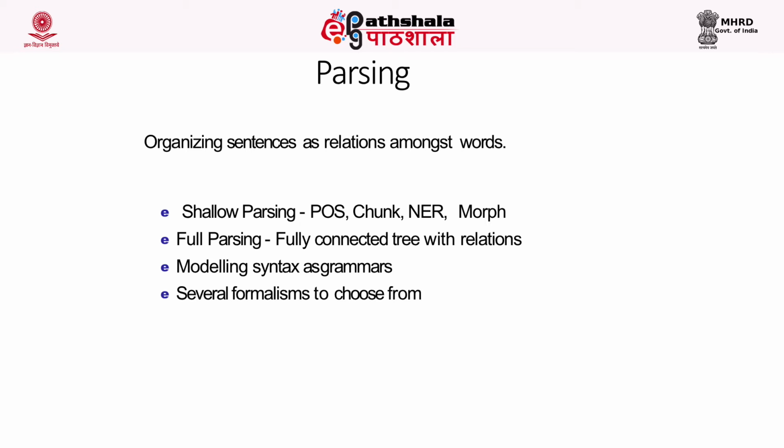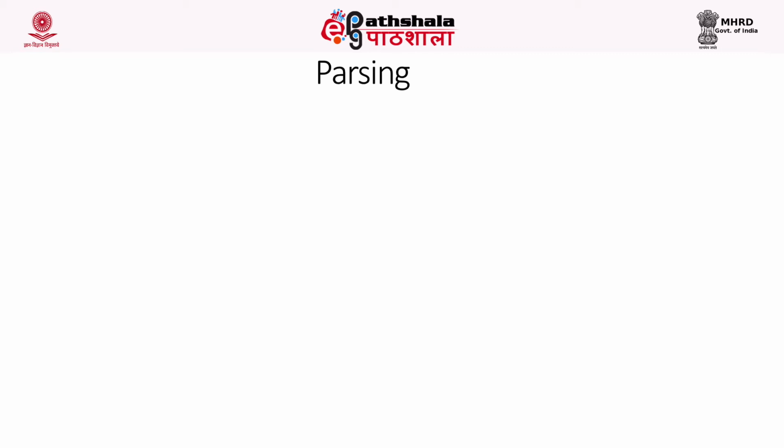The other formalism, which is very much used in computational linguistics, is dependency parsing. In dependency parsing, relations between words are connected by looking at the nodes and seeing head and dependent relations.